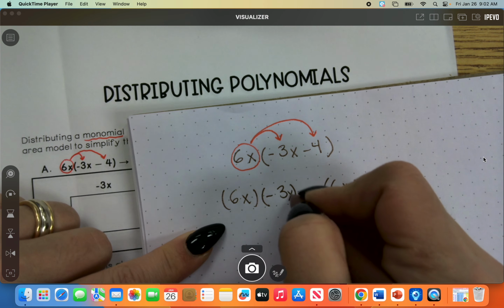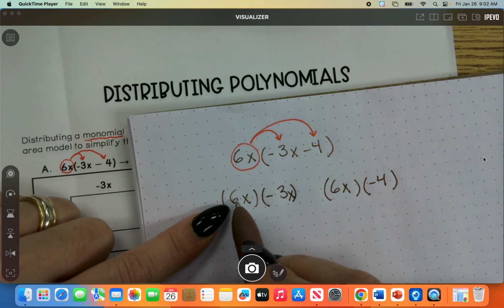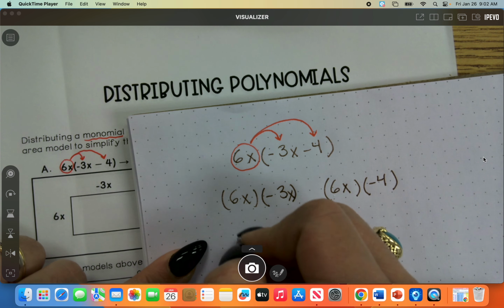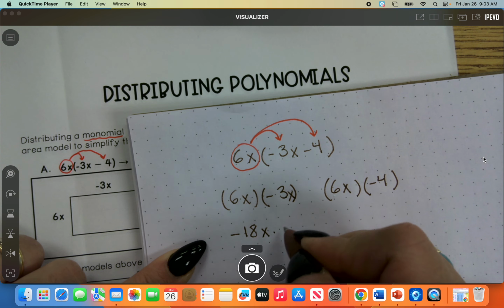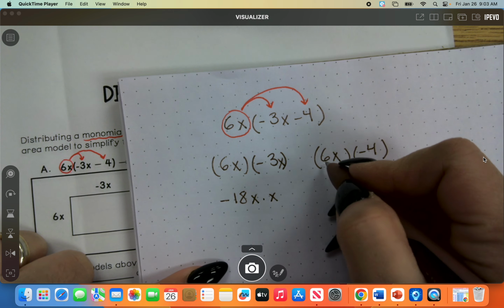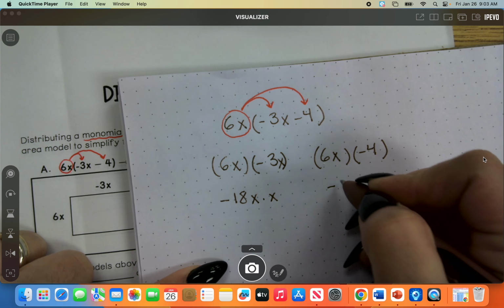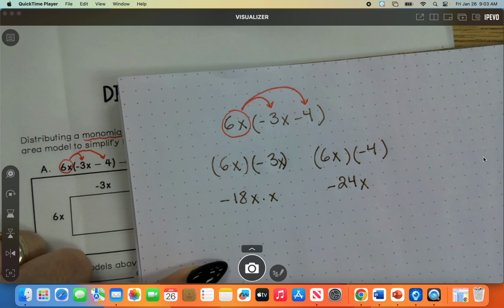Oh, that's a 3x. So when we have 6x times negative 3x, 6 times negative 3 is negative 18, and then x times x, right? And in this case, we have 6 times negative 4, so it's negative 24, and then x is just 1. So we put just 1x, right?